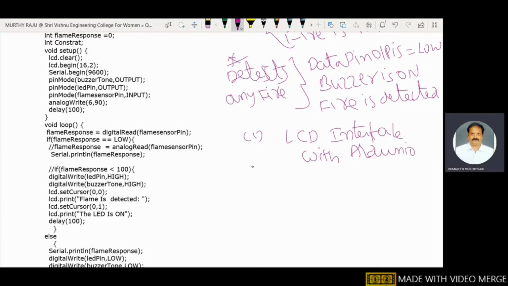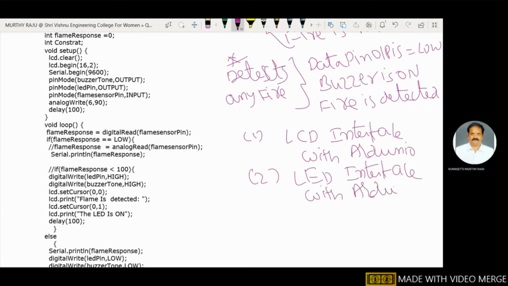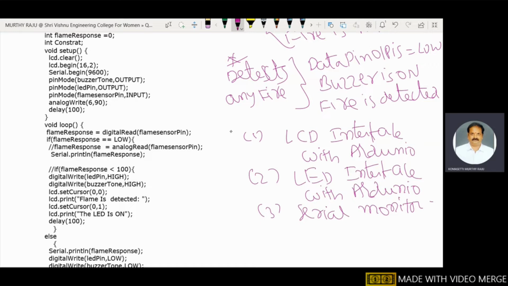Second one is an LED interface with Arduino. Third one is a serial monitor. These are the three important actions we'll introduce in this sketch.